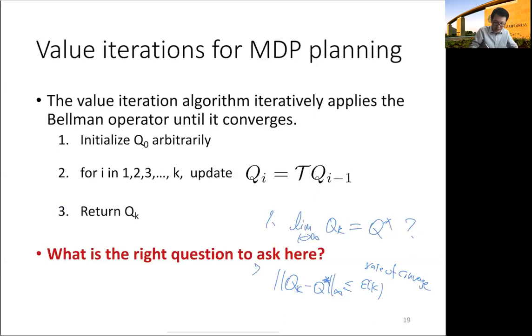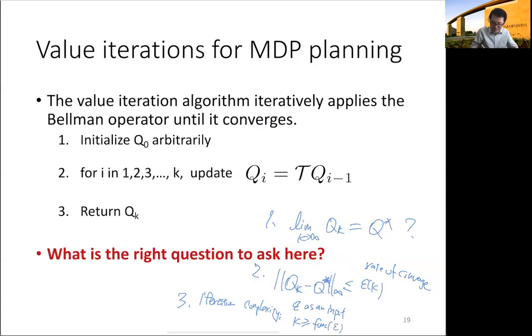That's the first. The second question we can ask in a slightly different way, in terms of the iteration complexity. Given epsilon as an input, how large does k need to be? k is larger than some complexity measure, some function that depends on epsilon.